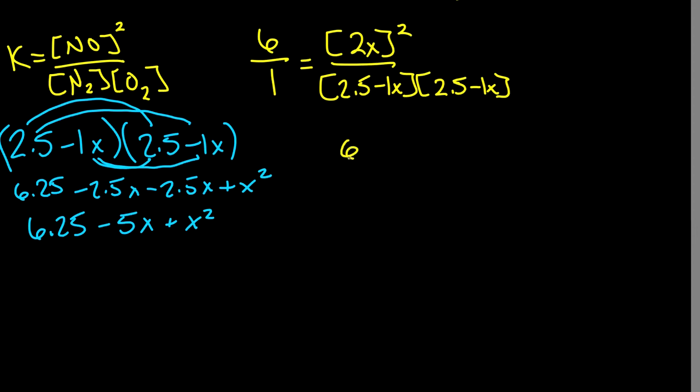So we take this and replace it in our equation. So I got 6 over 1 equals 4x squared now, because 2x squared becomes 4x squared, over x squared minus 5x plus 6.25.